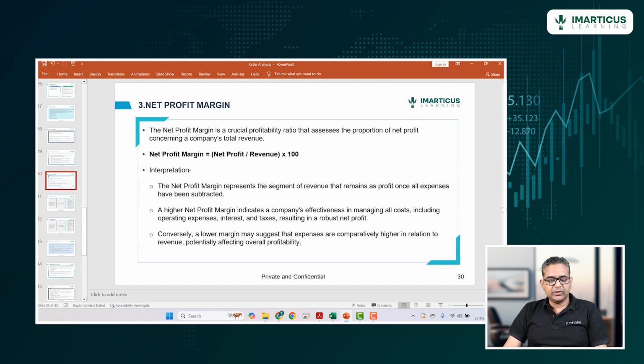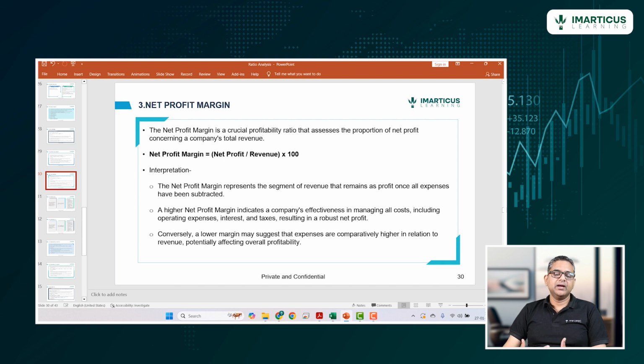A higher net profit margin indicates a company's effectiveness in managing all costs, including operating expenses, interest, and taxes, resulting in a robust net profit. Conversely, a lower margin may suggest that expenses are comparatively higher in relation to revenue, potentially affecting overall profitability.